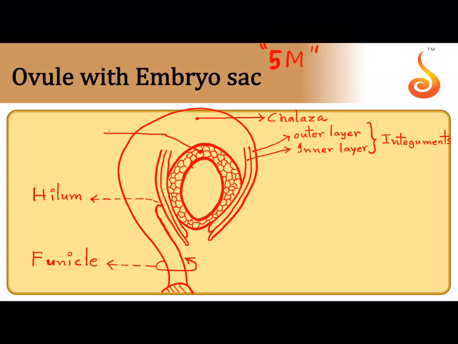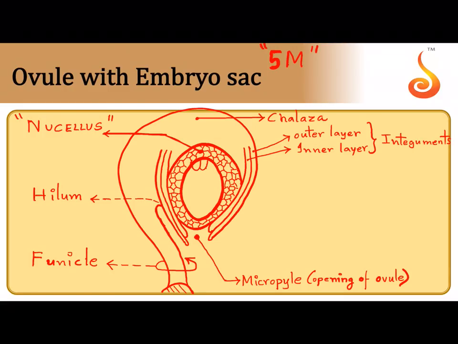Let me label this main nutritive tissue with reserve food material, from which we got a megaspore which became the embryo sac: the nucellus, the most important part of the ovule, the body of the ovule. Now sitting inside the nucellus is the embryo sac. Before that, what is this region called where the integument is absent? Micropyle. The opening of the ovule. So in brackets I am writing opening of ovule.